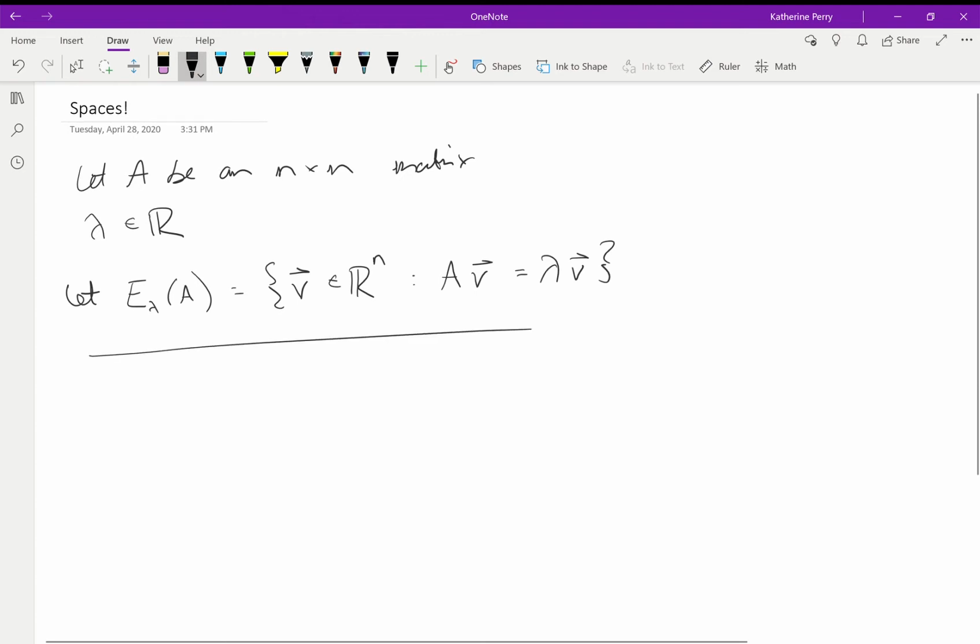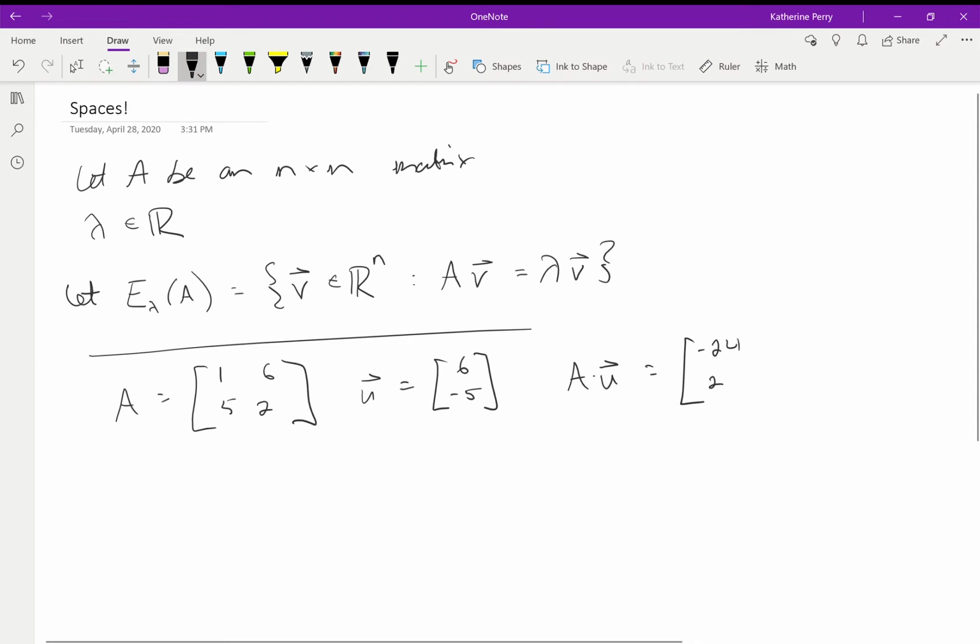And so, quick example, if A is equal to [1, 6; 5, 2], and I'll let U is equal to [6, -5], then A times U is equal to [-24, 20], but that's the same as negative 4 times U. And so I can represent U in both ways.